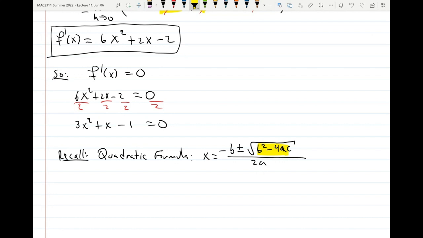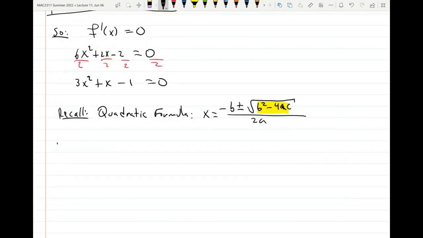If you get a negative number, you already know that there are no real solutions, so you're not going to find any horizontal tangent line. If you get 0, then you know there will be only one solution, namely negative b over 2a. And if you get a positive number, then you know you will get two solutions, one with the plus and one with the minus. Do you understand this? So it's a good idea to always compute that one first. I like to call it D for discriminant. That's typically how we call it.